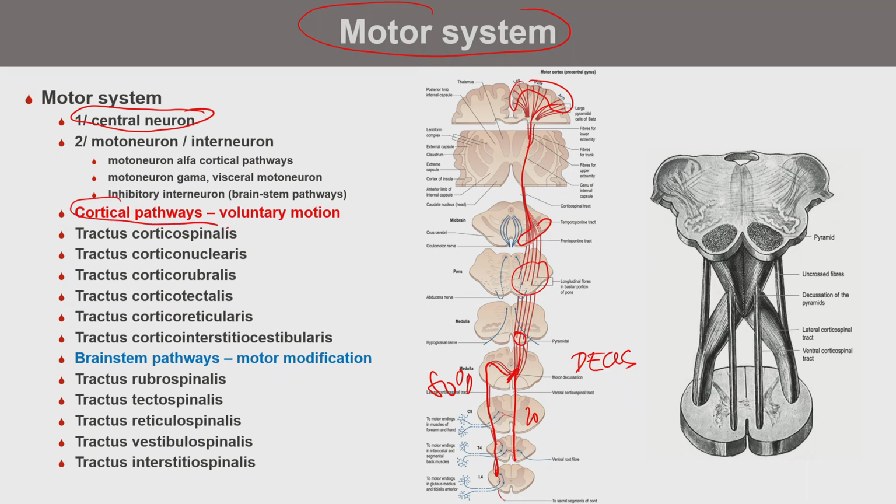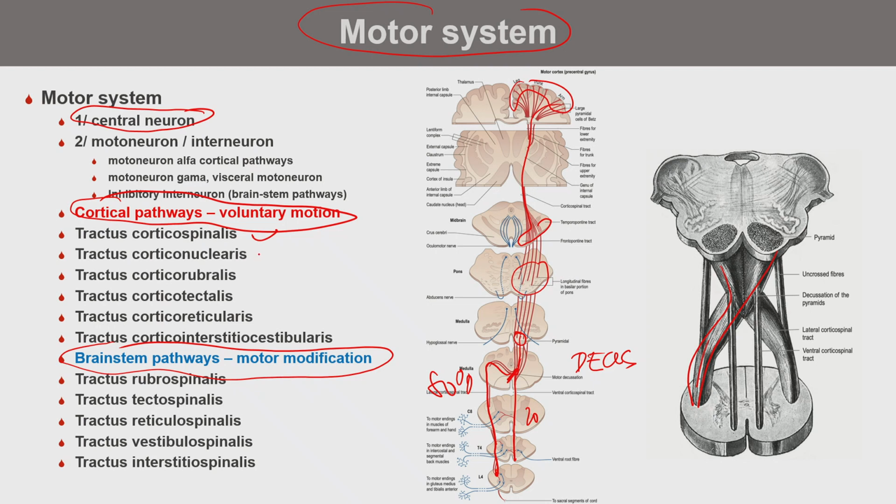So the cortical pathways are used for voluntary motions. The brainstem pathways are for motor modification. The cortical pathways contain the motor corticospinal tract. This is what is seen here. This is the corticospinal crossing, and this is important for voluntary motions.